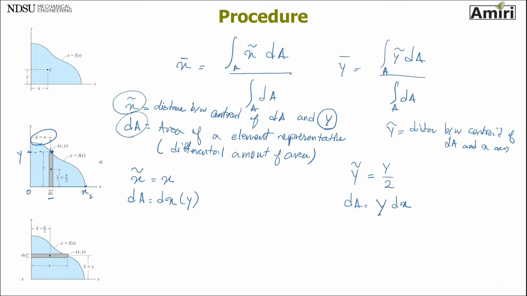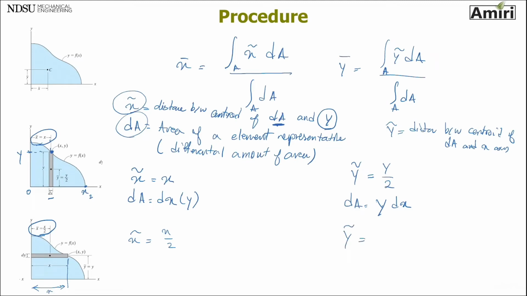If I have a horizontal strip or differential amount of area, I'm going to do the same thing. x tilde, distance between centroid of dA and y-axis, is right there. If this entire length is x, the center of it is halfway, so it's x over 2.